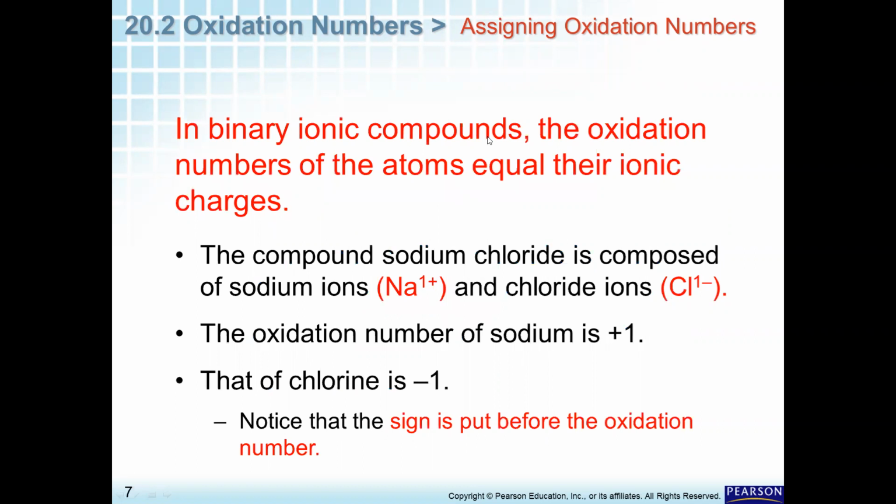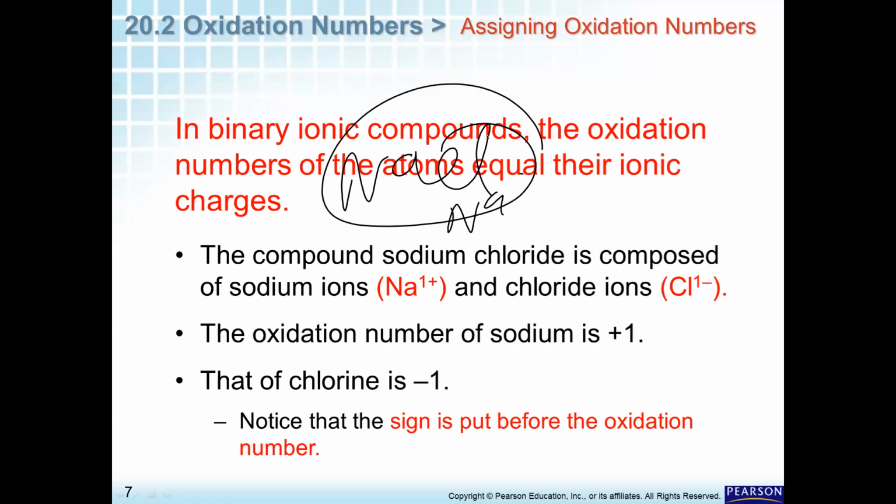One other general thing is that whenever we have a binary ionic compound, what does binary ionic compound mean? An ionic compound that is made from 2 ions, a cation and an anion, NaCl, KCl, and so on. Always the charge is exactly the same as the oxidation number. So if you consider sodium chloride, we know that the sodium has a +1 charge and the Cl has a -1 charge, right?